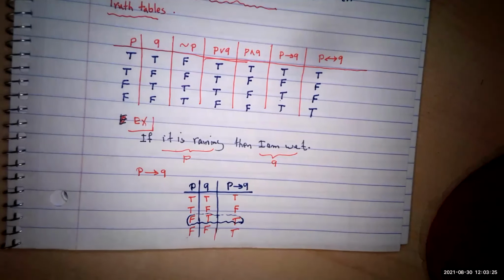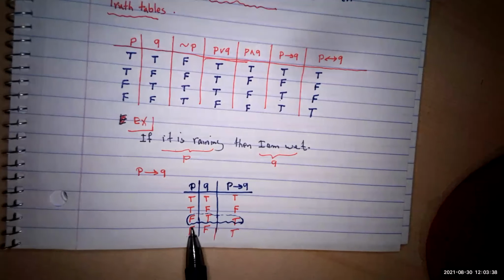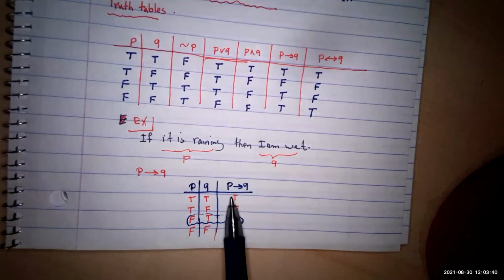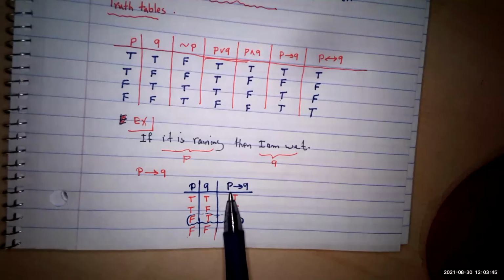This is called a conditional statement. It means if P is given to you, then you get Q. In this row, P is false. When P is false, this means it didn't happen.